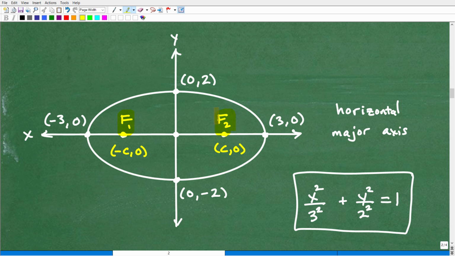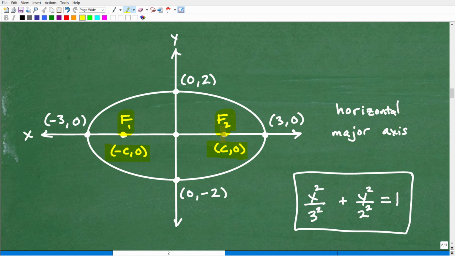I'm not going to talk about the definition of an ellipse or why the foci are important, because that's beyond the scope of this video. Check out my pre-calculus course, where I get into all this thoroughly. But we need to find these points. That's the focus of this particular problem.